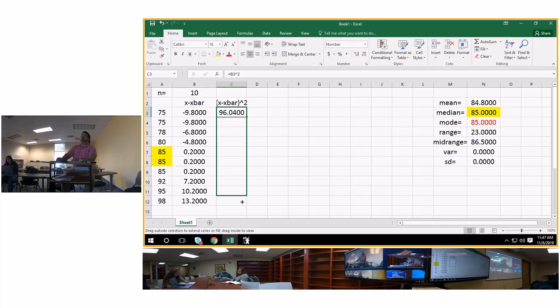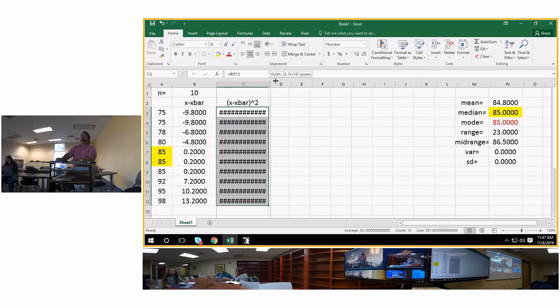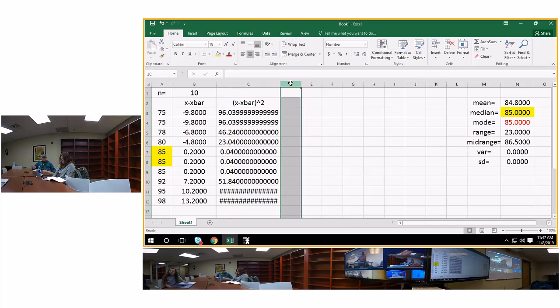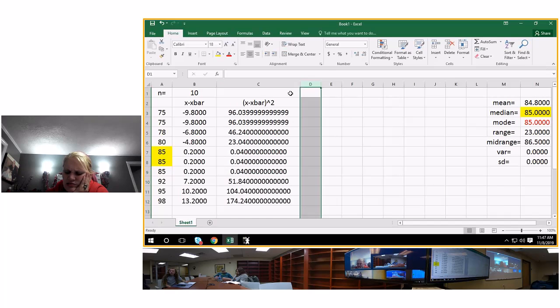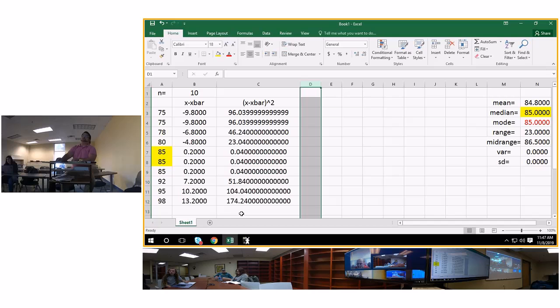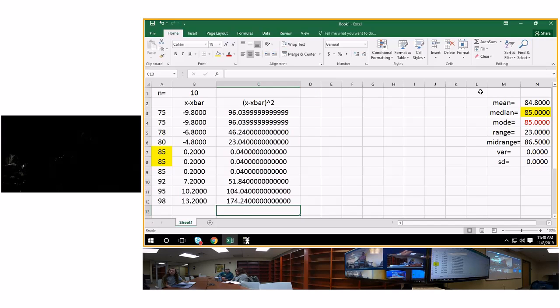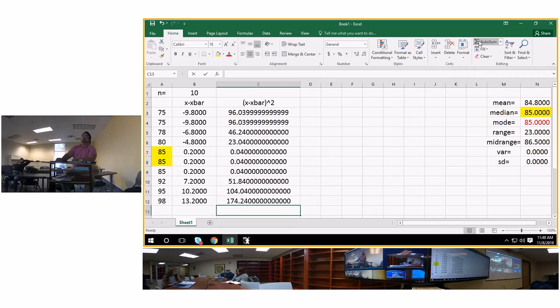All right, look at your formula. What do you do after you do x minus x bar quantity squared? What do you do next? Divide by n minus 1. Not yet. What does the funky E mean? It's add them all up. Add them all up.